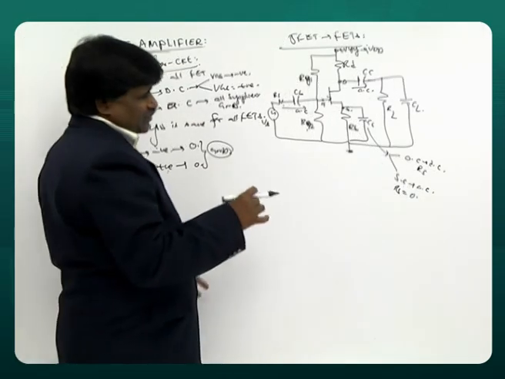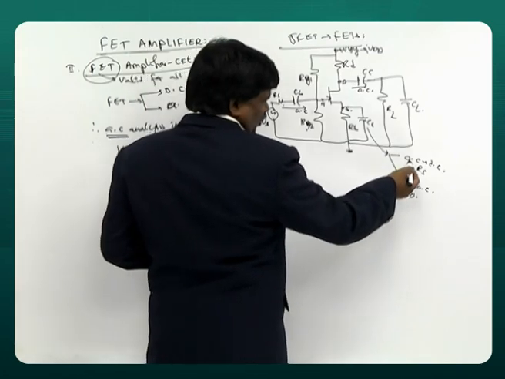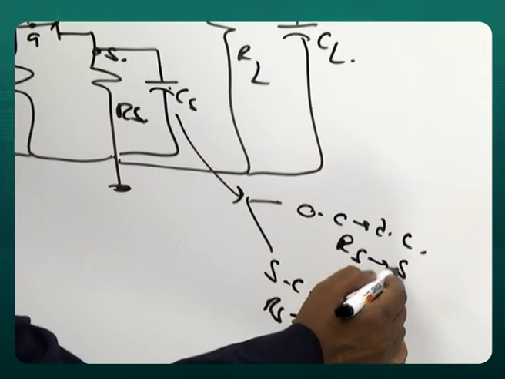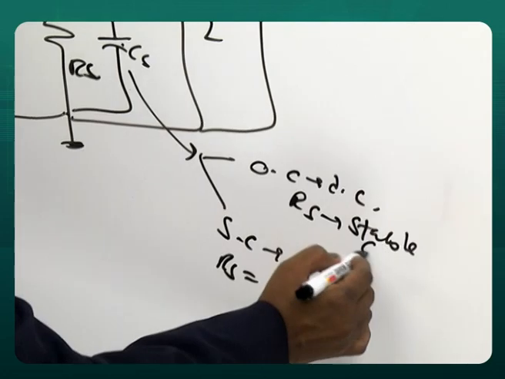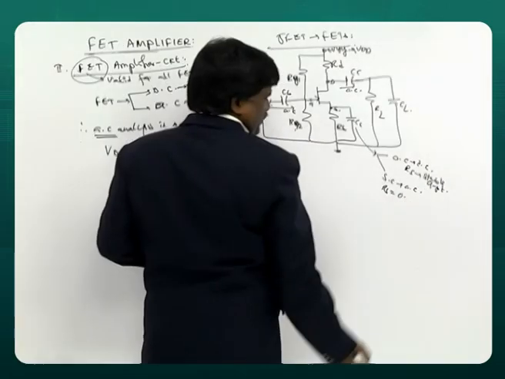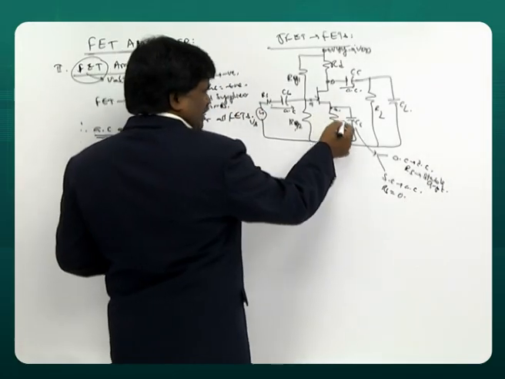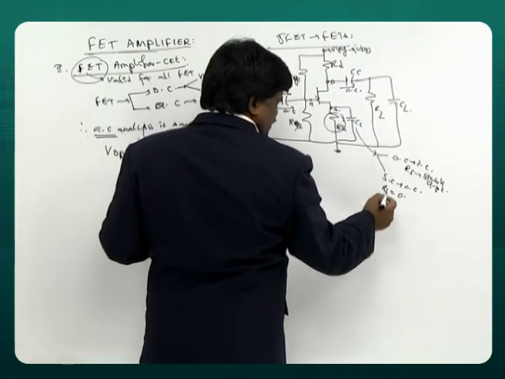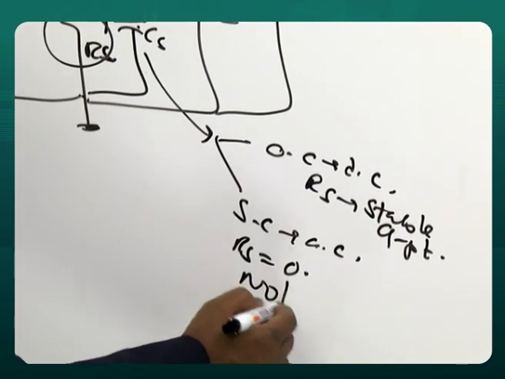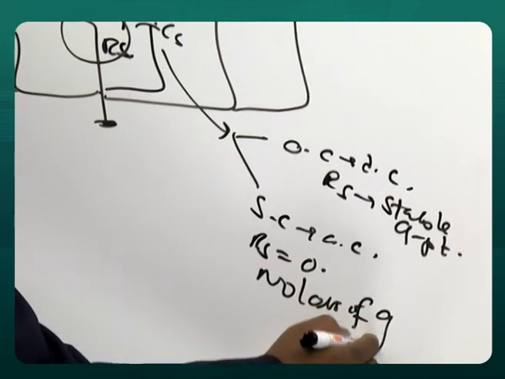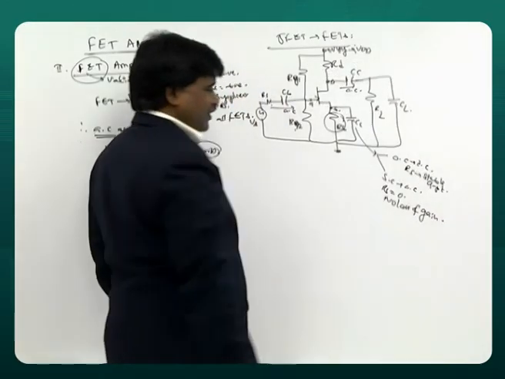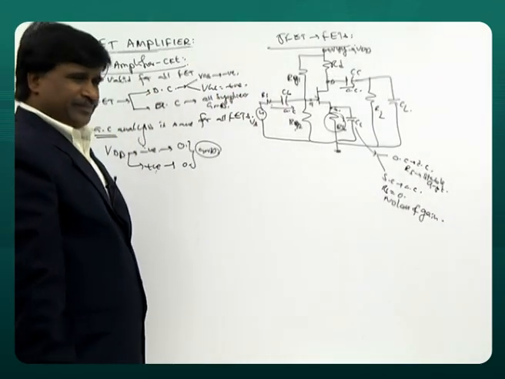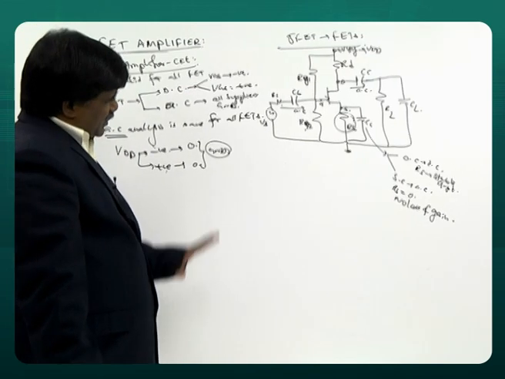So the purpose of this capacitor is, open circuit for DC means stable Q point. And for AC, zero resistance means no loss of gain. There is no loss of gain.